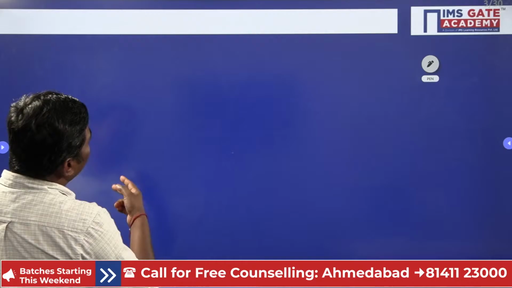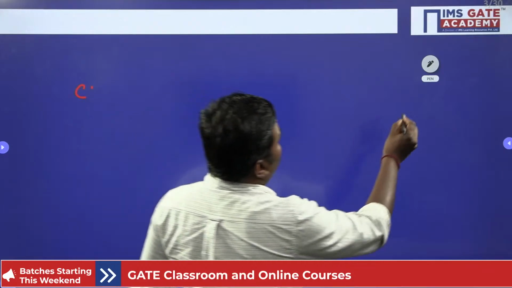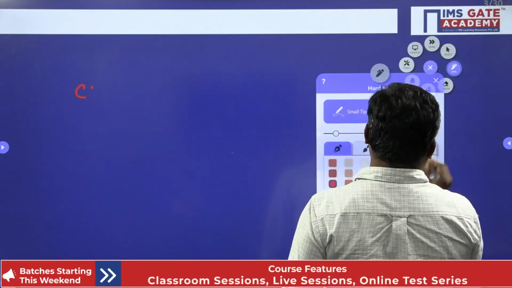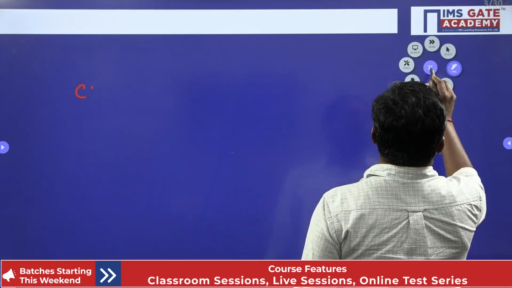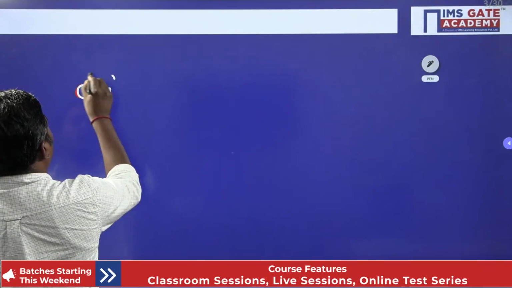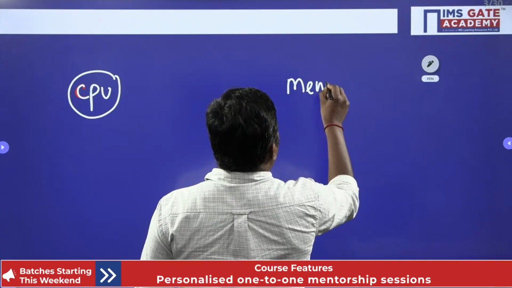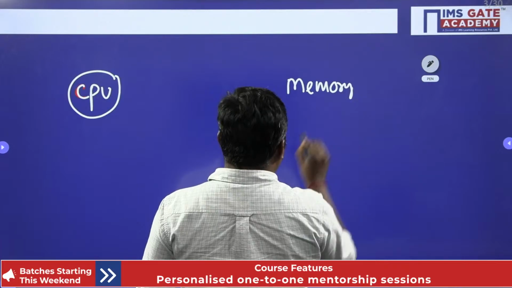Now, what is the importance of it? As we know, here is a memory. Here is an IO device.